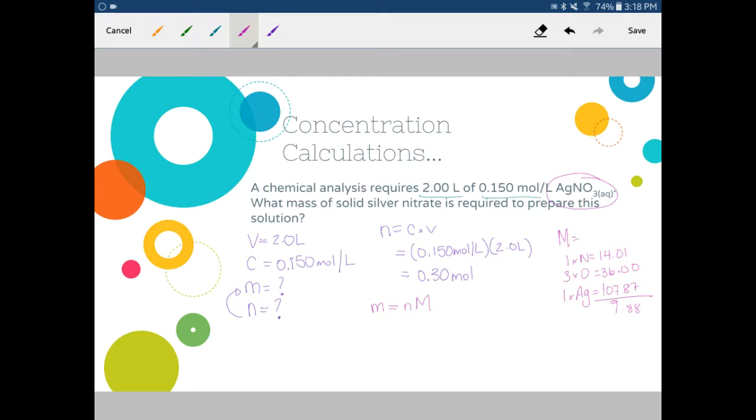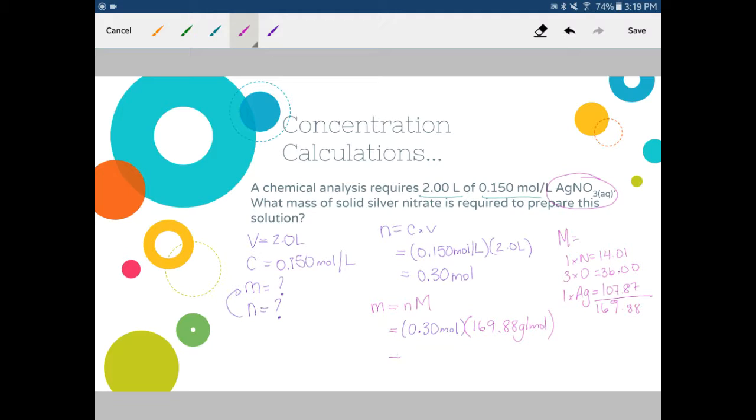So when I solve for my total molar mass, I get 169.88 grams per mole. When I plug these numbers in, I plug in the number of moles, 0.30 moles, times my molar mass, 169.88 grams per mole.